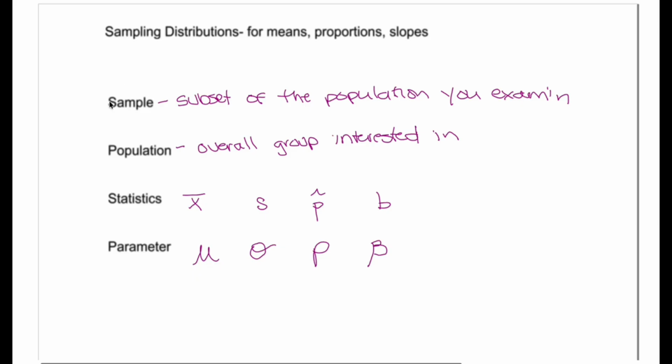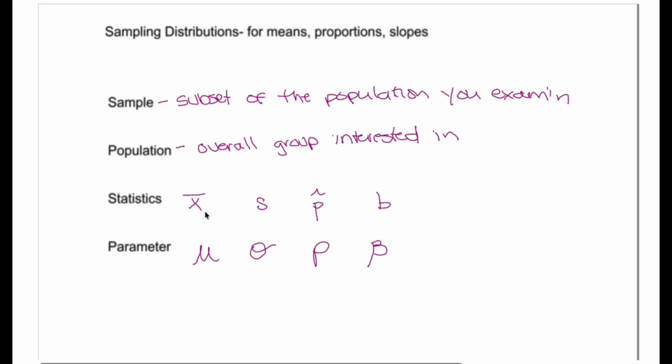And let's go over some key vocabulary first. Sample means the subset of the population you're examining. Population means the overall group interested in. Statistics: here are a couple of notations for statistics, which basically means the sample.